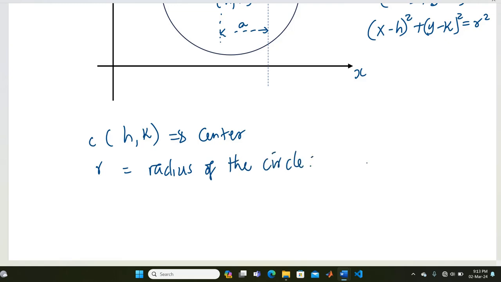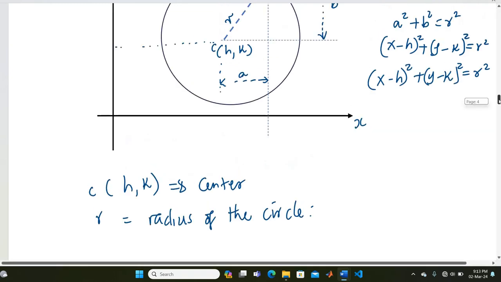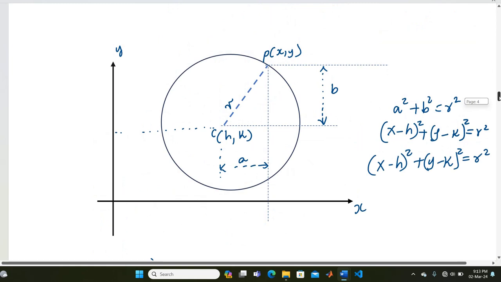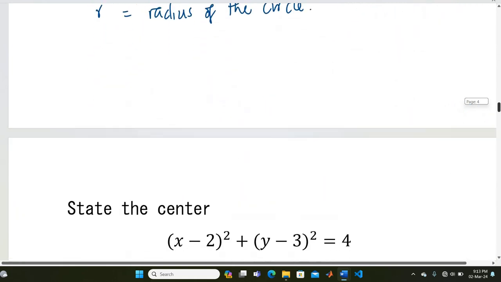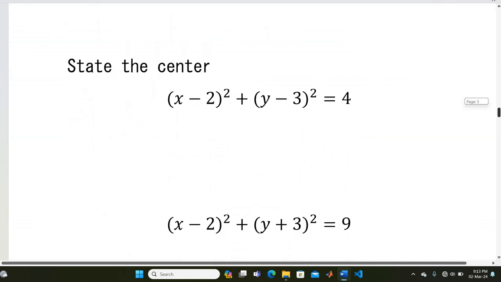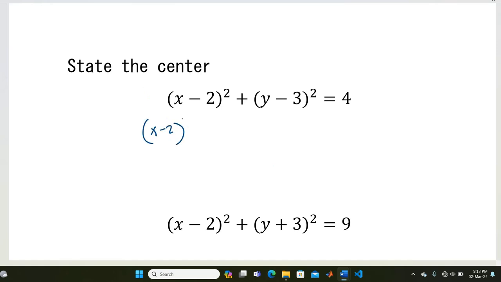Now, to make this understandable, we are going to put in some figures and be able to get the equation of the circle. Now, look at this first of all. When you meet such an equation, it will tell you that this is the same as (x minus 2) squared plus (y minus 3) squared equals 4. If they tell you to state the center, first of all, you have to rearrange it in the other form of (x minus h) squared plus (y minus k) squared equals r squared.